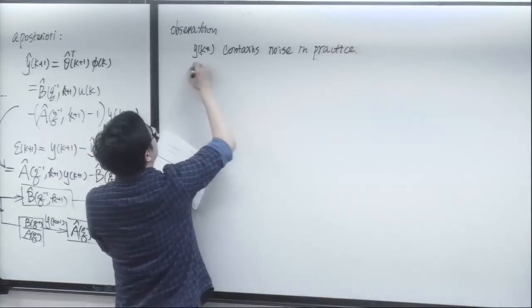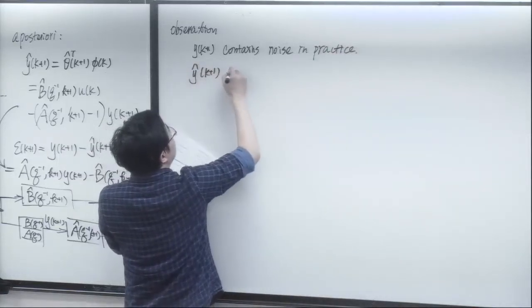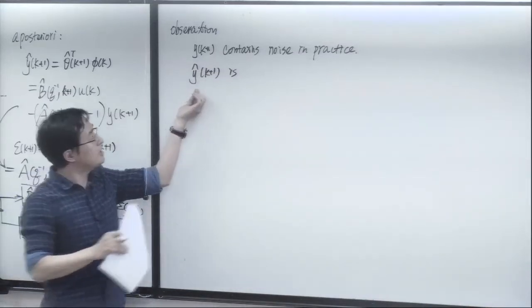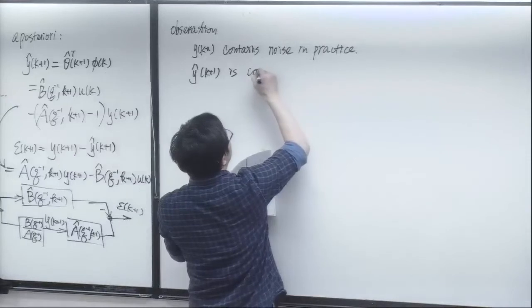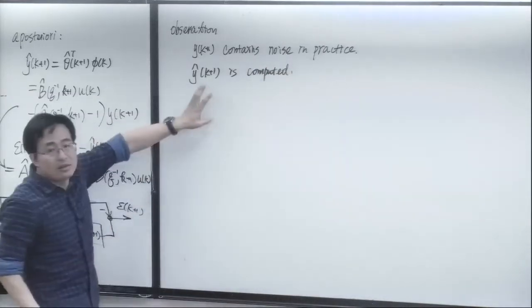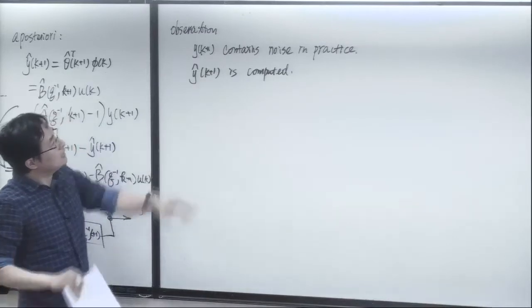And y hat is computed. This is what we compute. This is what we predict. So this is computed, and we can control it. It's less noisy at least. All right?